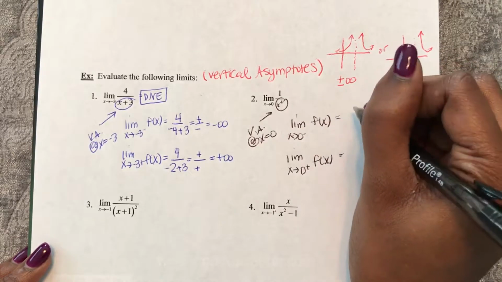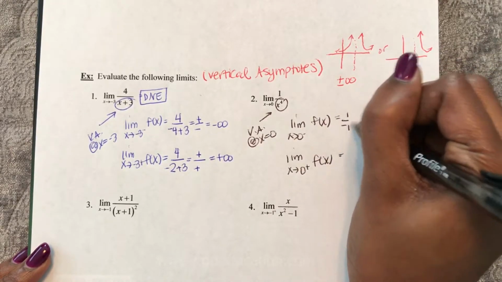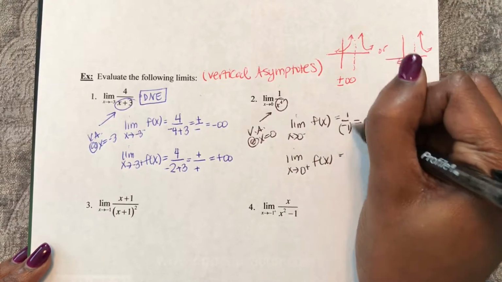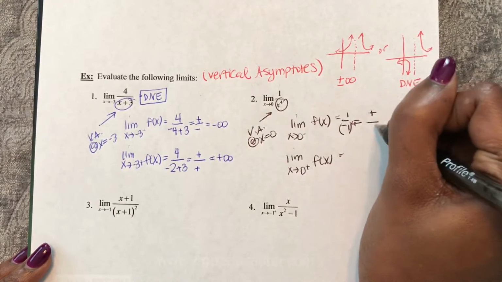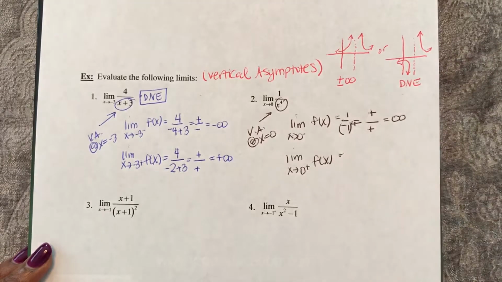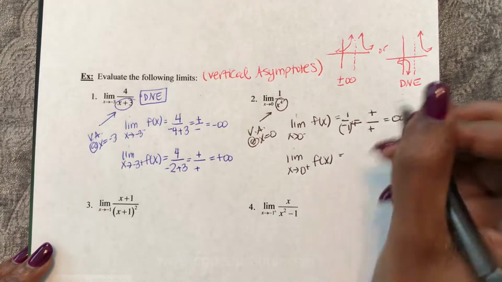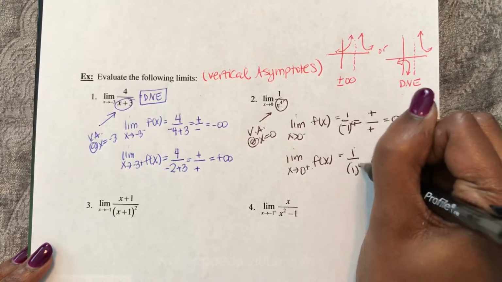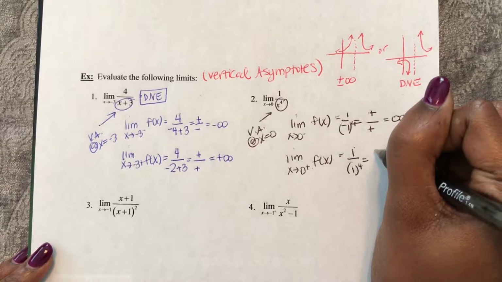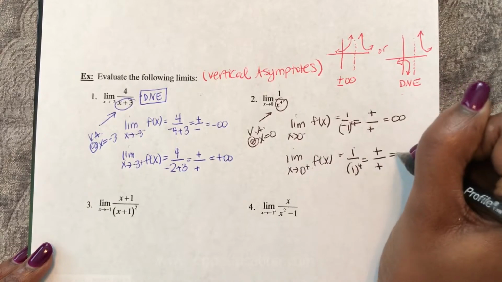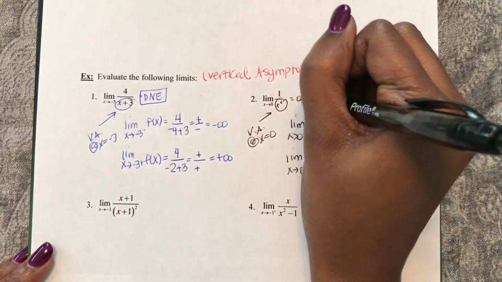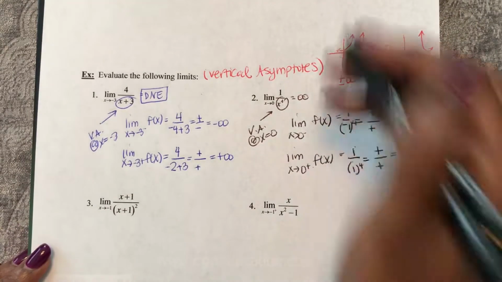I could check -1. 1 over -1 to the fourth is a positive over a positive, so that's positive infinity. A number to the right of 0 is +1. 1 over 1 to the fourth is a positive over a positive, which is positive infinity. So therefore, this overall limit is positive infinity.